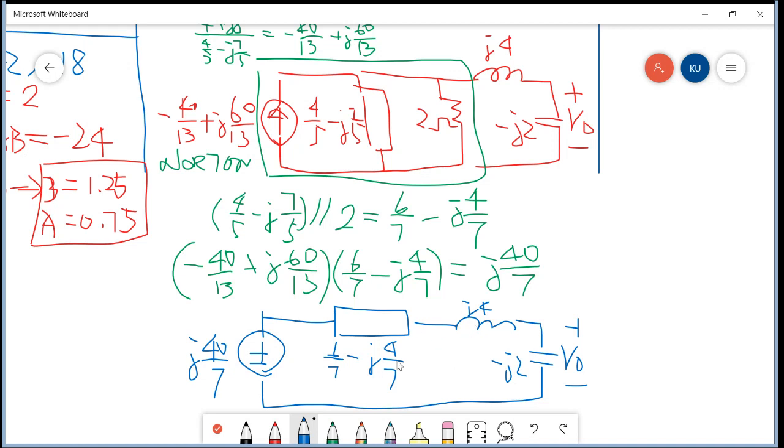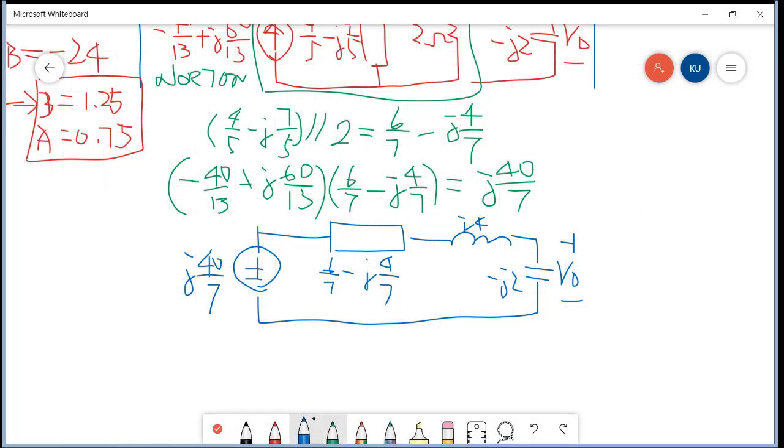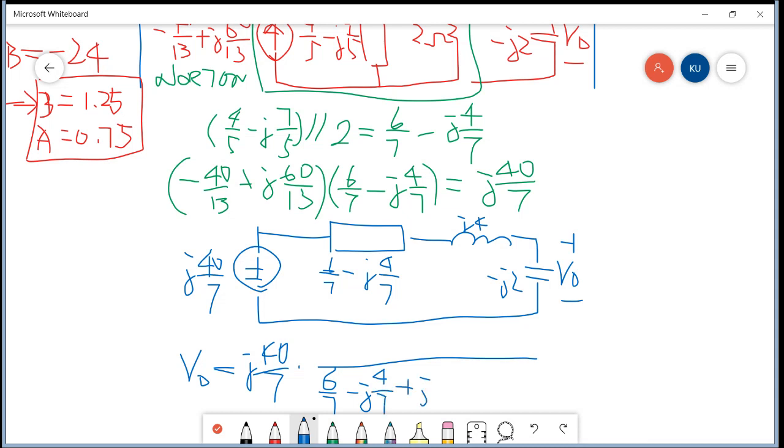So as simple as this, we can write VO is actually J40/7 multiplied by this one. In the denominator, it is 6/7 minus J4/7 plus J4 minus J2.